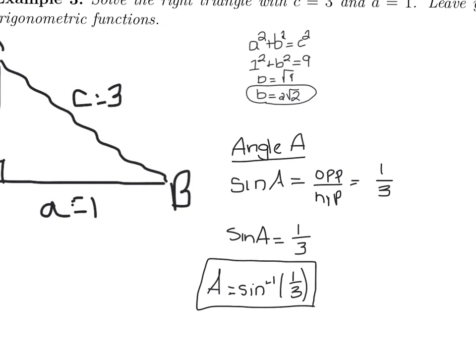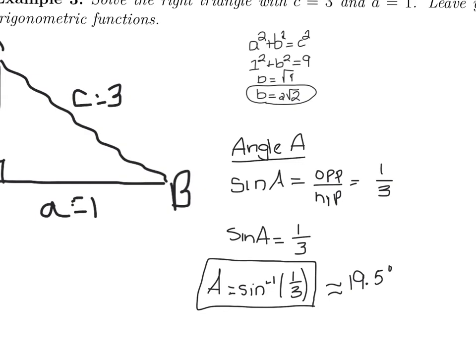If you do it on a calculator, just so you can have a sense of it, you get about 19.5 degrees. But we're going to be leaving our answers without calculators in terms of trig functions. If you decided to use cosine as adjacent over hypotenuse, you would get a different inverse function, but if you plugged it into a calculator, you get the same value.